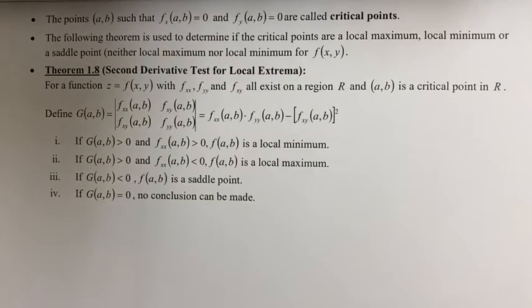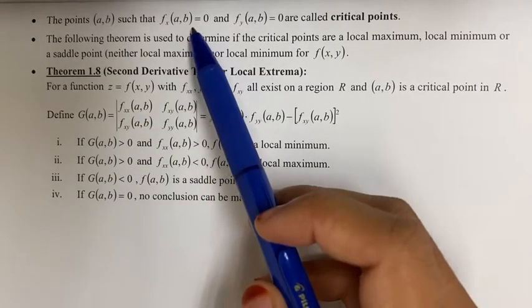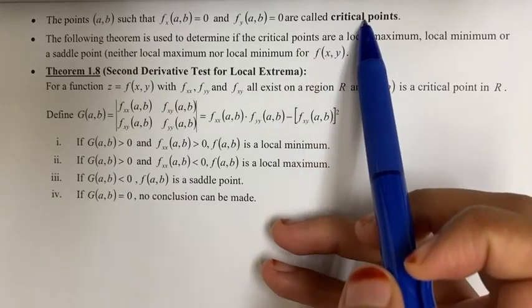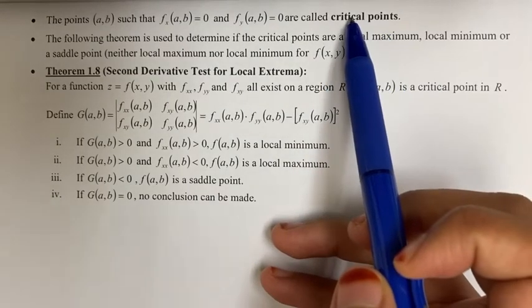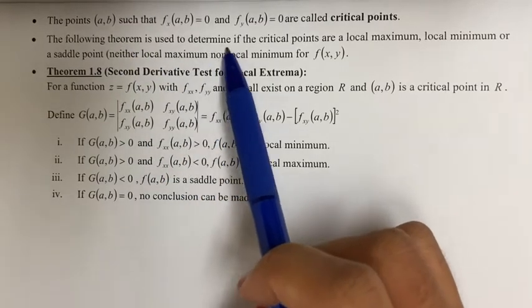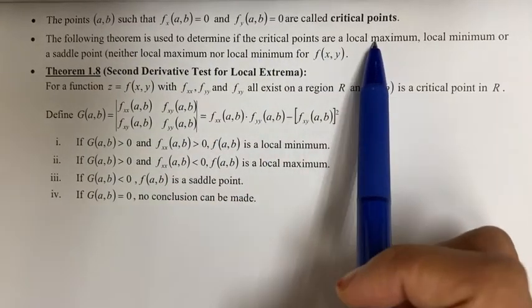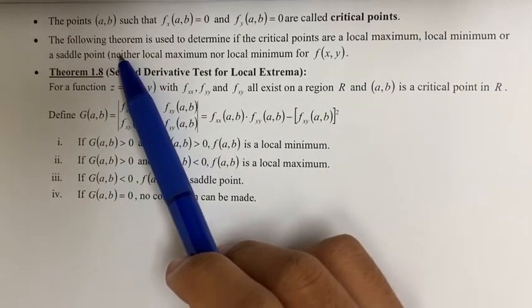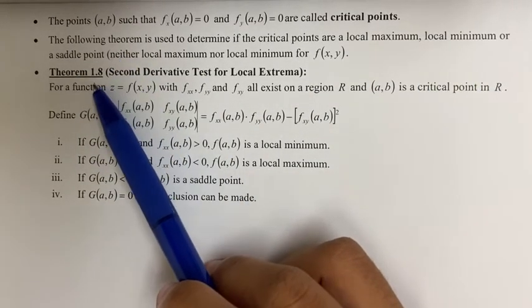Next, the points (a,b) such that fx(a,b) = 0 and fy(a,b) = 0 are called critical points. That is the point I mentioned before. The following theorem is used to determine if the critical points are a local maximum, local minimum, or a saddle point. That's why we cannot use the first derivative test.